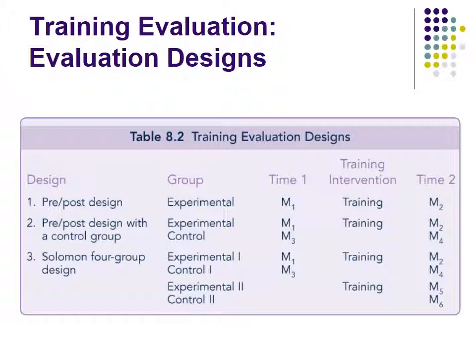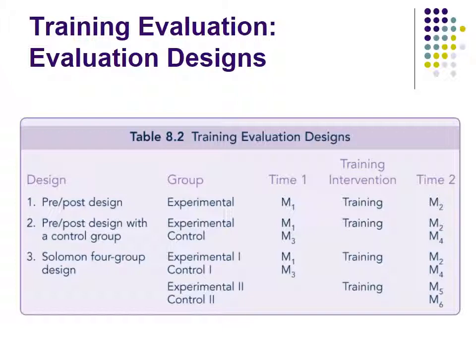In a Solomon 4 group design, if the training is really what caused the improvement, we're going to see multiple trends. We're going to find that both training groups are going to have the highest means. Experimental group 1 is actually going to have slightly higher means than experimental group 2 because they got the training plus they had seen the actual post-test prior to taking the training. So not only did they get the training, they got familiarity with the test.